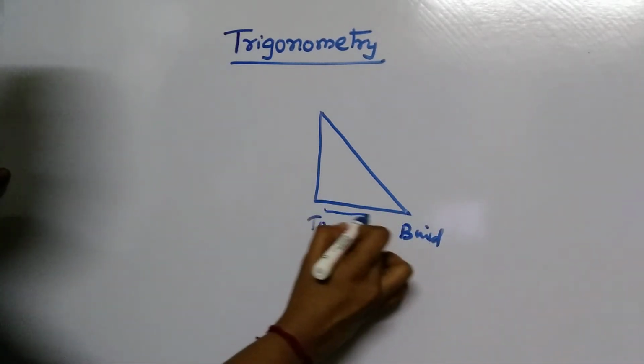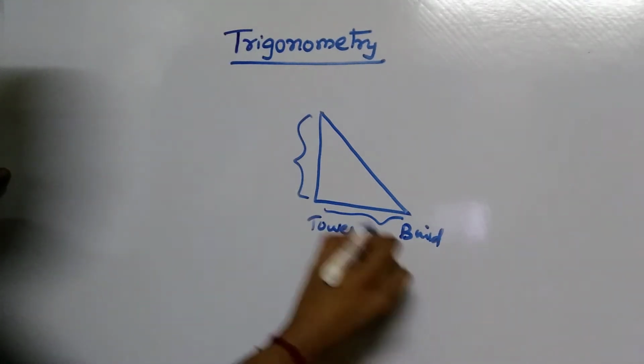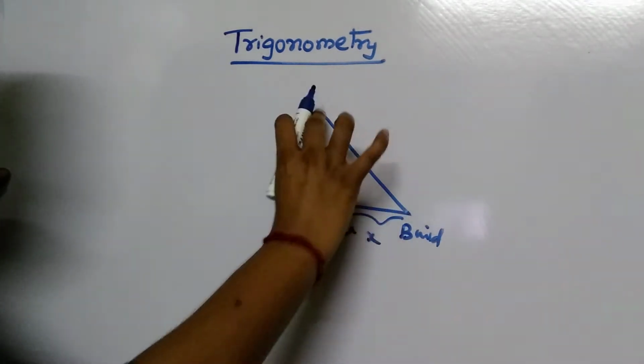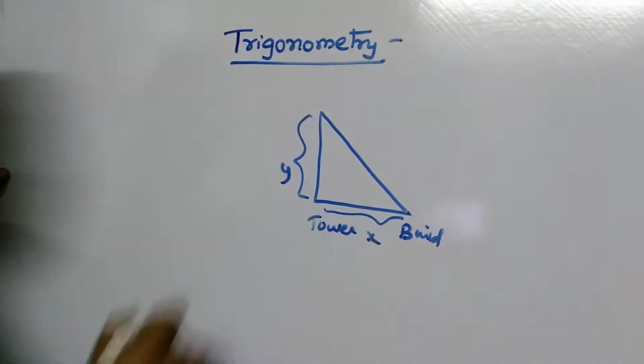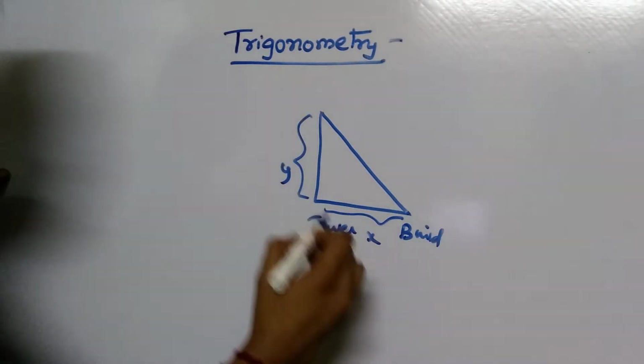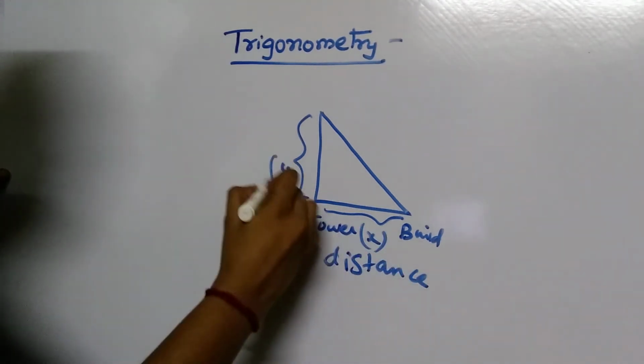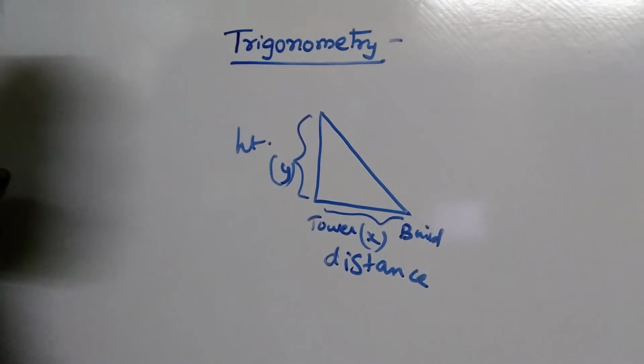To find the in-between distance or the height of the tower, right? The main purpose of the study of this topic is to find the distance and the height. Here x is your distance and y is your height.